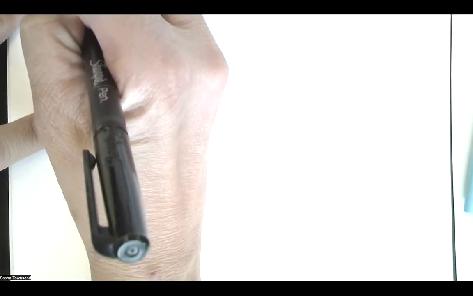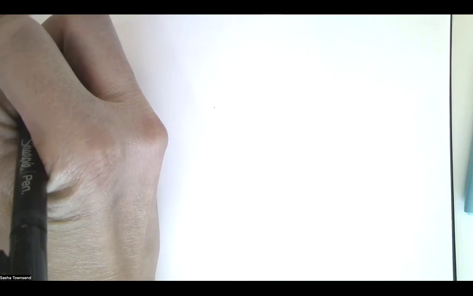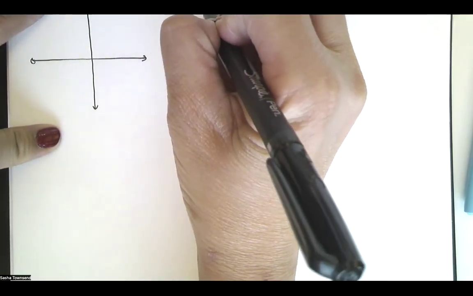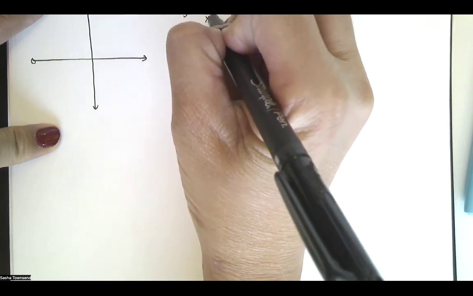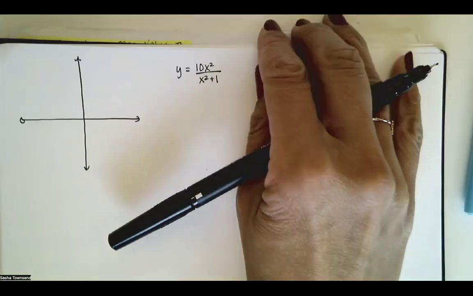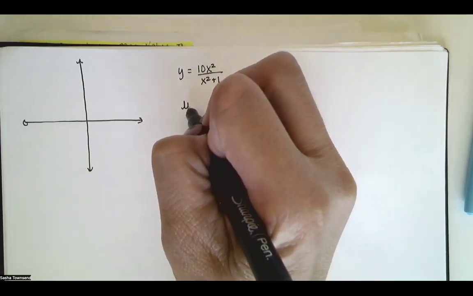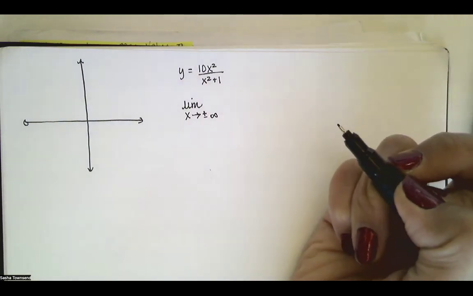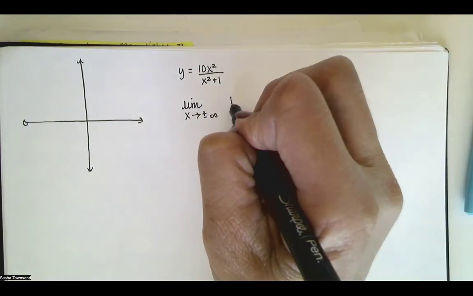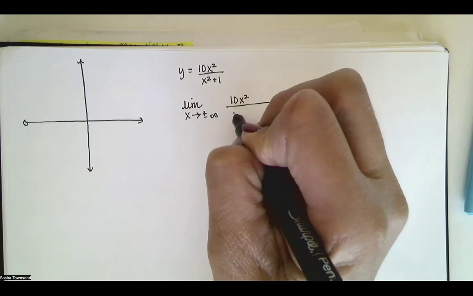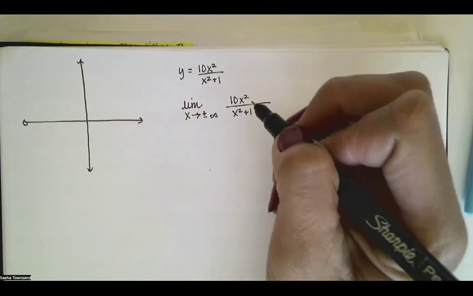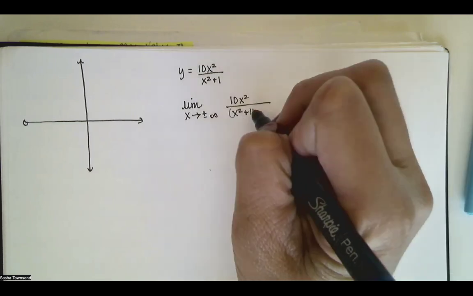So let's graph it. And remember, our y was equal to 10x squared divided by x squared plus 1. So here's a fact. If we take the limit of this function as x goes to positive or negative infinity, we have an infinity over infinity indeterminate form.